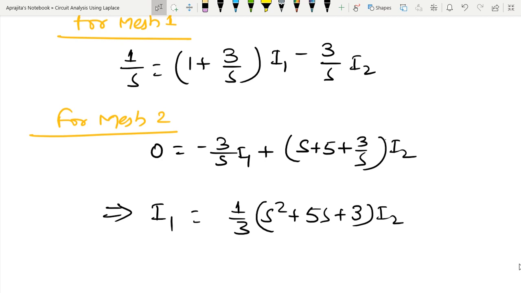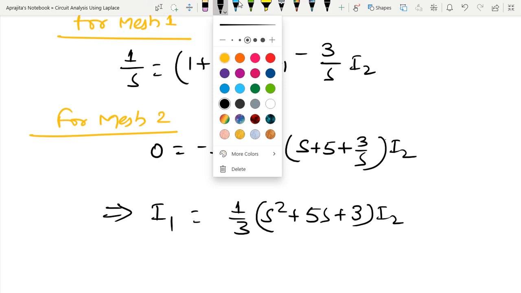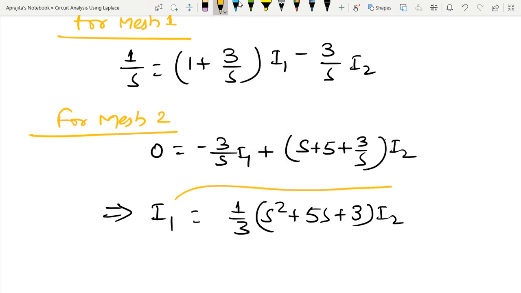If we substitute this I1 expression in the previous one, I am going to substitute I1 here. Let us try to see the step. Actually I am going to substitute this I1 at this point, so I get everything in terms of I2, and then multiply both sides by 3s.